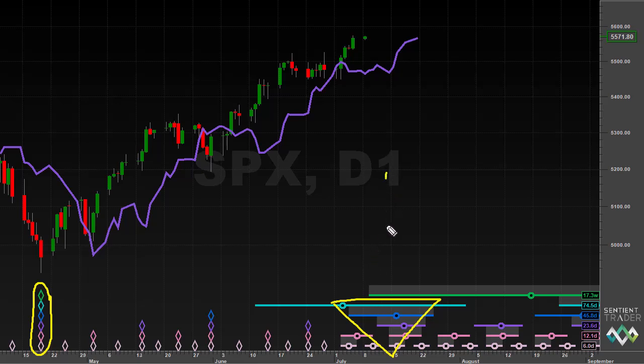Here is the nest of lows for that 80-day cycle trough, and here is the circle for the exact time at which we would have expected the 80-day cycle trough to form on the basis of the recent average wavelength of that 80-day cycle, which you can see at the foot of the chart over here is 74.5 days.